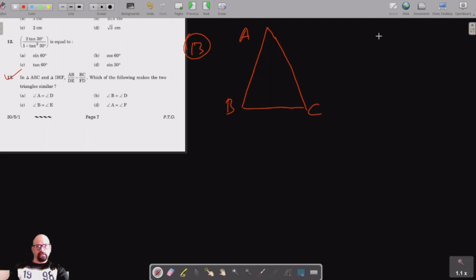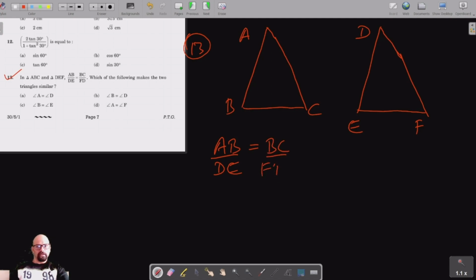Let's say this is triangle DEF. Now it's given that AB by DE is equal to BC by FD.